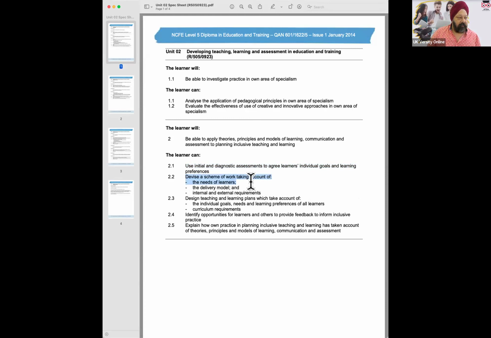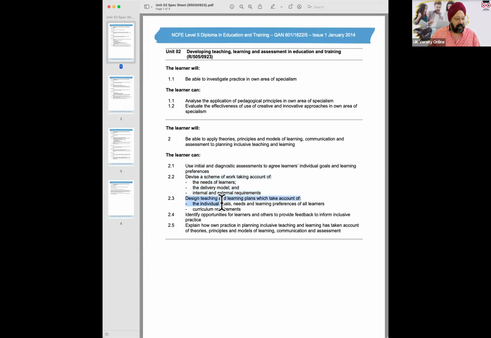Now here, when you draw up that scheme of work, what you're looking at doing is basically highlighting how the scheme of work is meeting the needs of the learners, how it is meeting the delivery of the curriculum, and what are the internal and external requirements. So internal requirements would be requirements within the school, within the setup. External will be legislation, requirements from Ofsted or some of the other regulatory bodies. That is what you would need to put down verbatim to substantiate the evidence that you have.